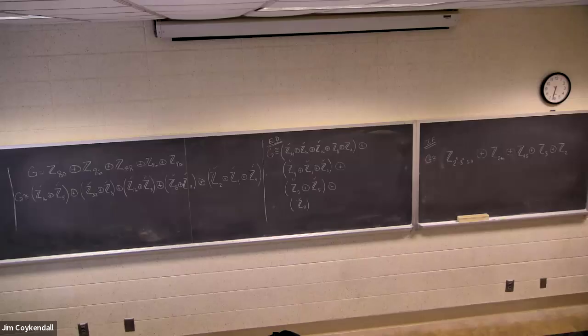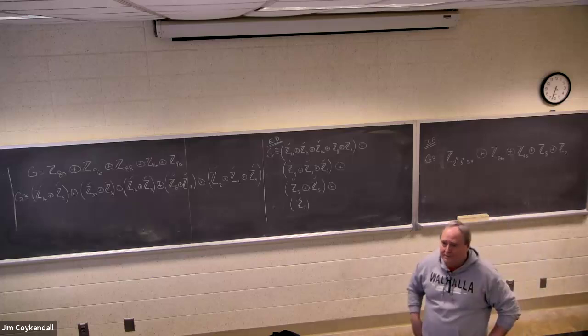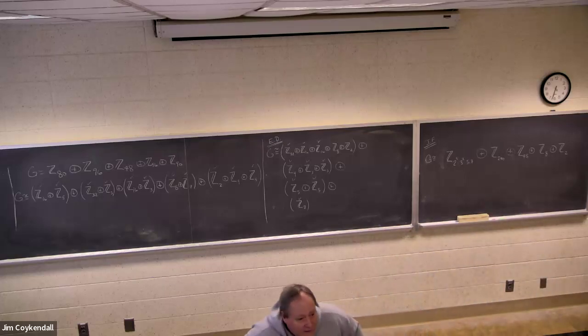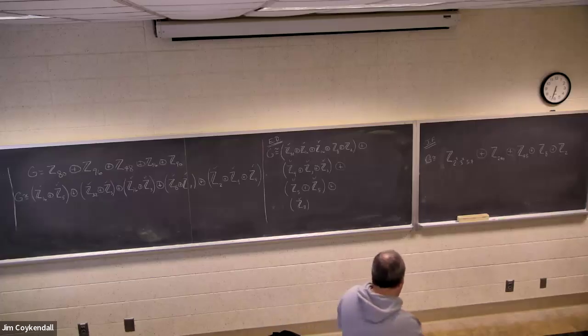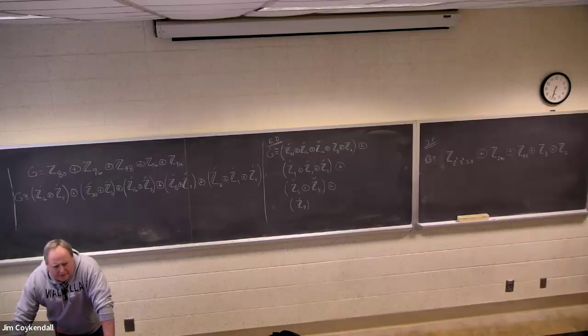Okay, other questions? Yes. On number 2 of spring 2019, showing that the kernel of phi is an ideal of R, is that essentially the same process as showing that it's a normal subgroup?